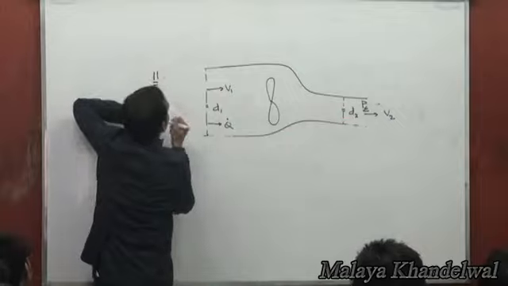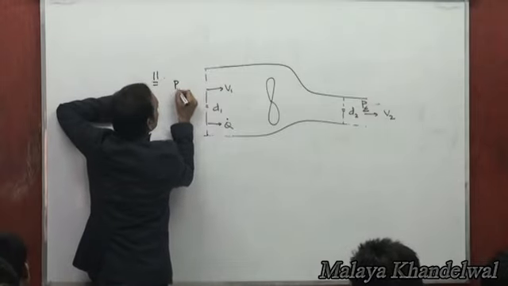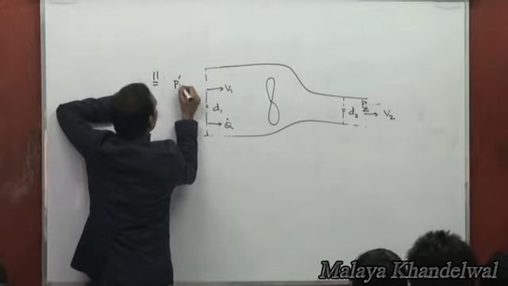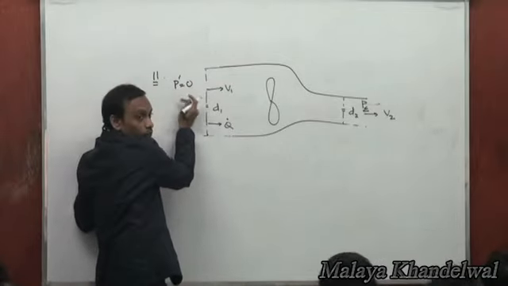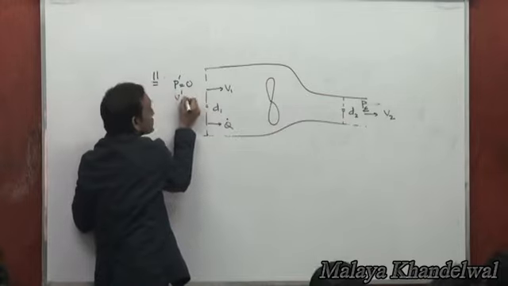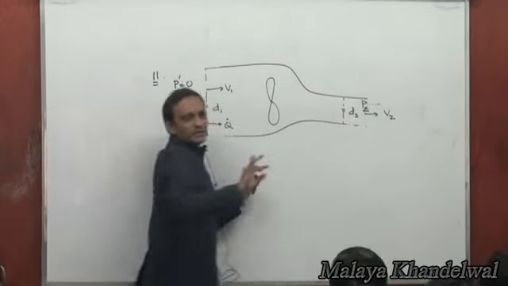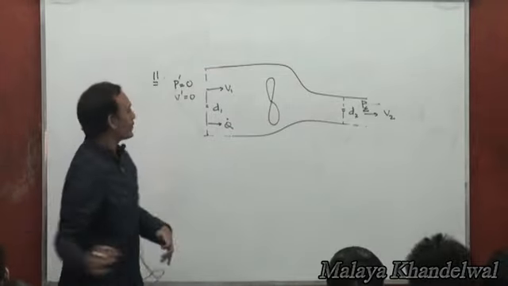Just before the duct, the gauge pressure, let's say, is P prime, which is 0, and just before this, the velocity V prime is also 0, right? And all of this is at the same datum, so we will not bother about the datum, right?